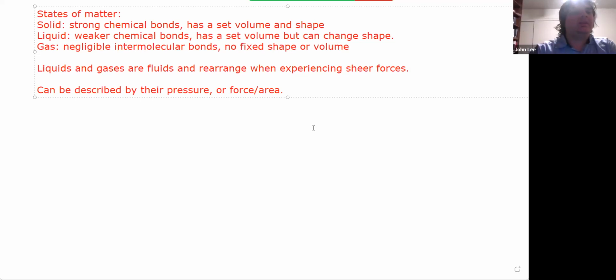There are several states of matter, but there are three main ones. Solid, which has strong chemical bonds, which means that it has a set volume and shape. A liquid, which has weaker chemical bonds, has a set volume but no set shape. And gas, which has negligible intermolecular bonds and no fixed shape or volume. But the molecules themselves can have bonds that bind them to other atoms in the molecule.